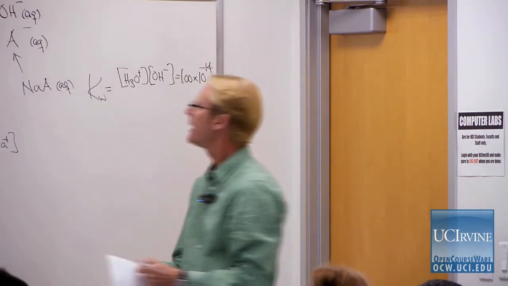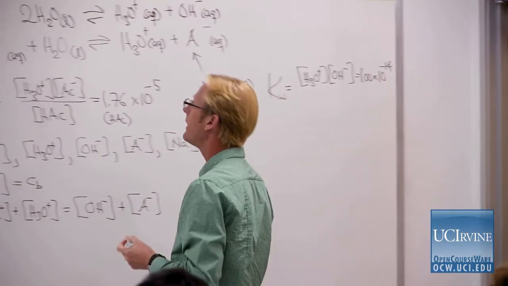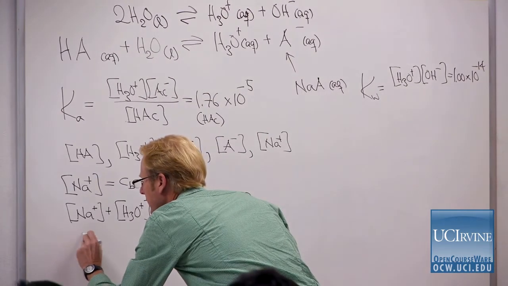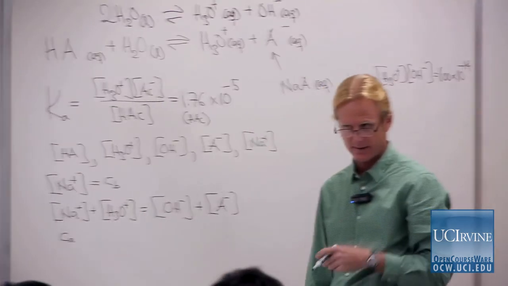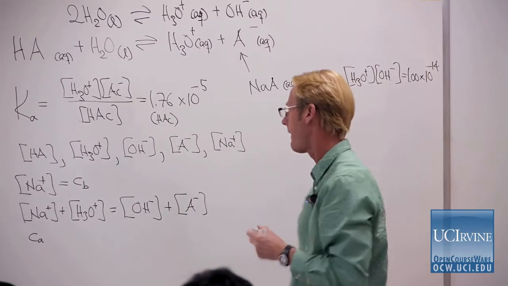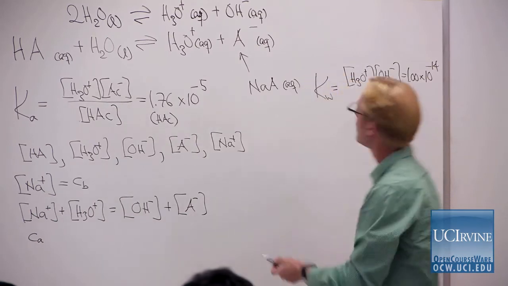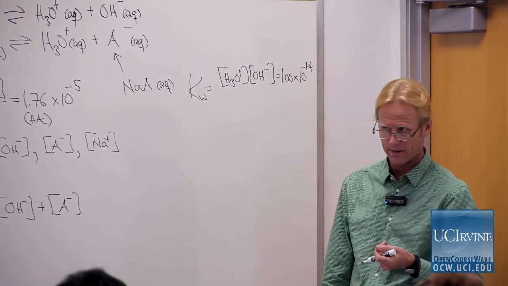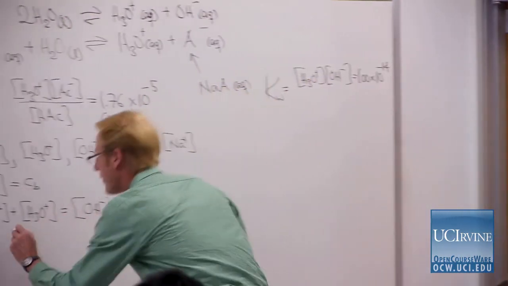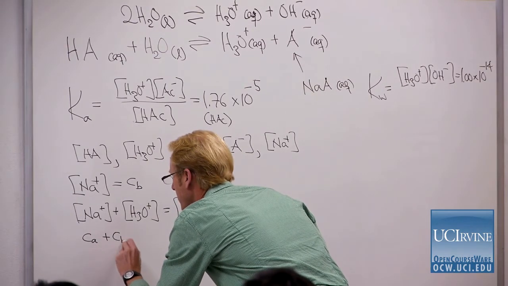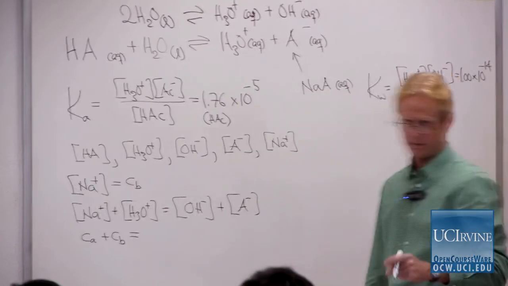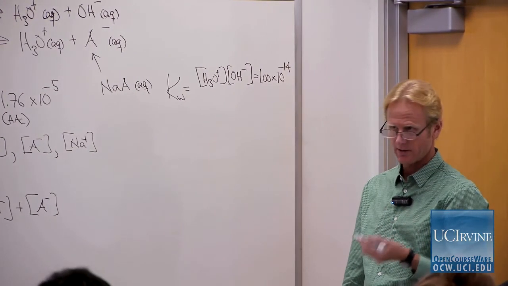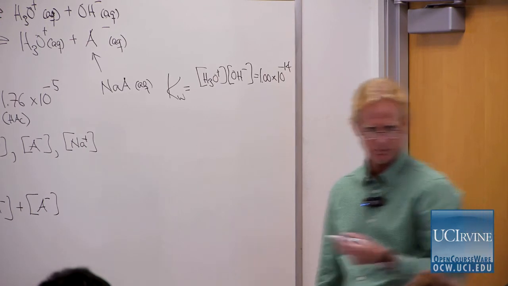All right? And so if I say that the initial concentration of acid that I started with when I made my solution is Ca, that's the initial amount that I put in. And we already said that the initial concentration of our salt of the conjugate base is Cb. So this is all the A species that we put in initially. And that has to be the same as the concentrations of the A species at equilibrium.